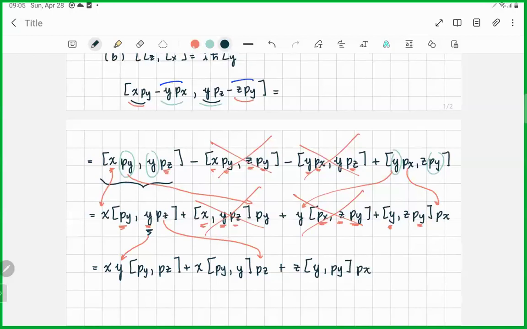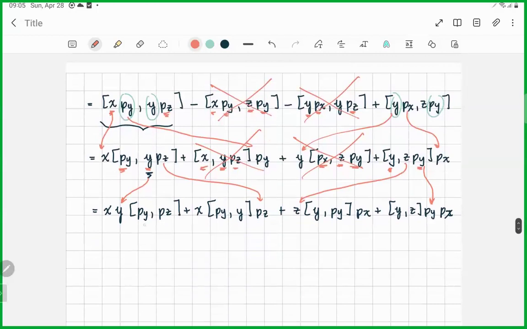Oops, yeah. So this is what I brought to the front, and then plus y, z, py, px. And this is the one that we took to the end. All right, so let's have a look at what we have now.